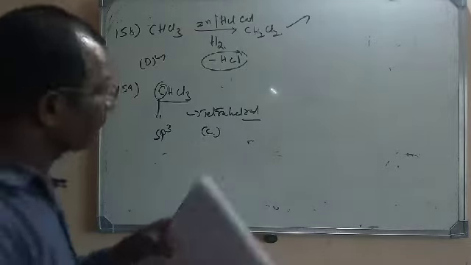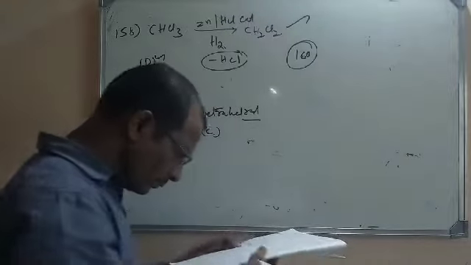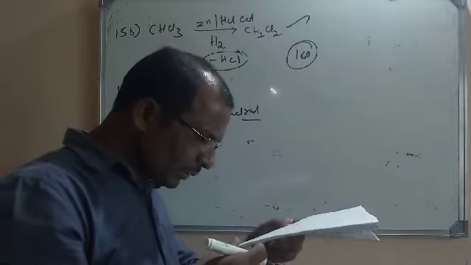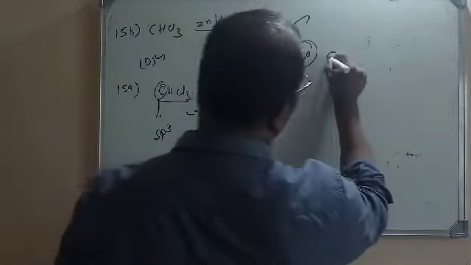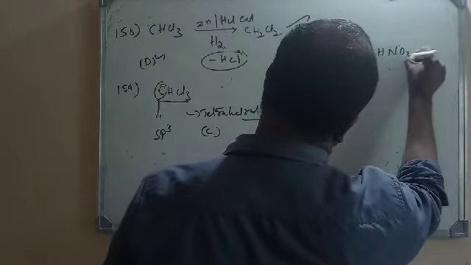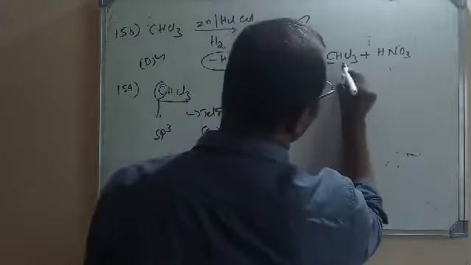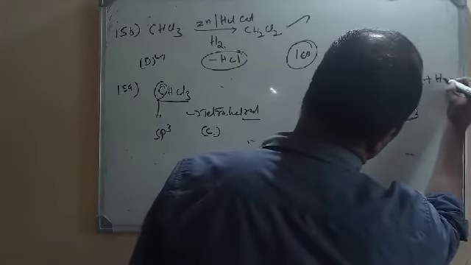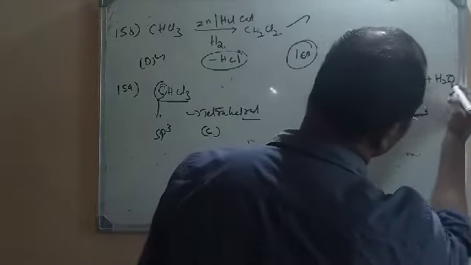Next I will go for the next question. Chloroform on treating with concentrated HNO3 gives... This is chloroform, CHCl3. They are treating it with concentrated HNO3. What is the product formed here? What we will get is CCl3NO2, along with H2O.